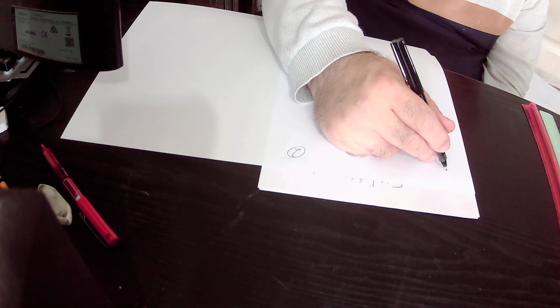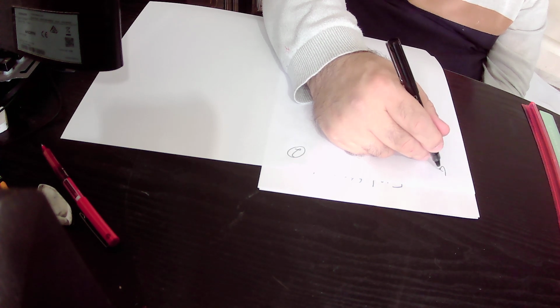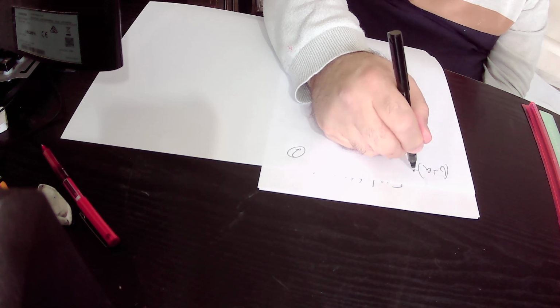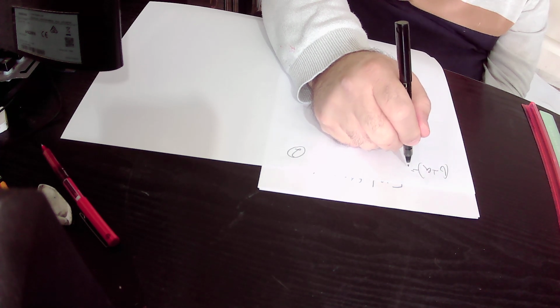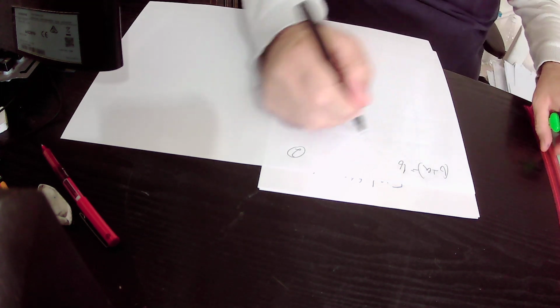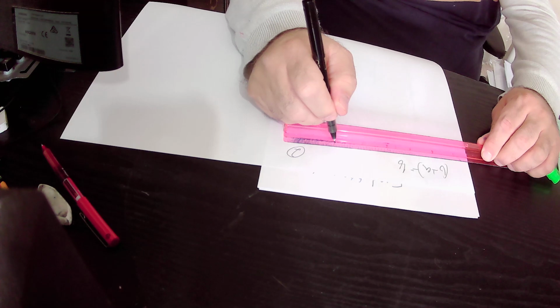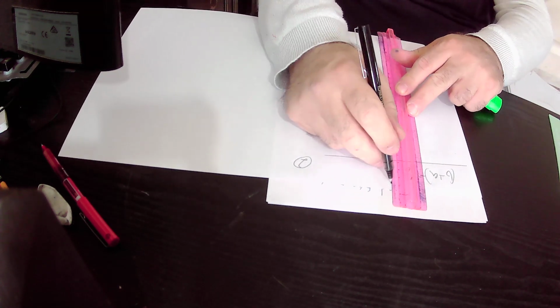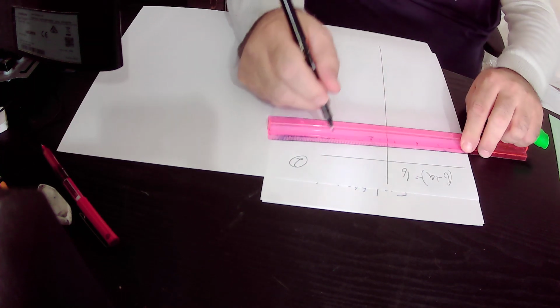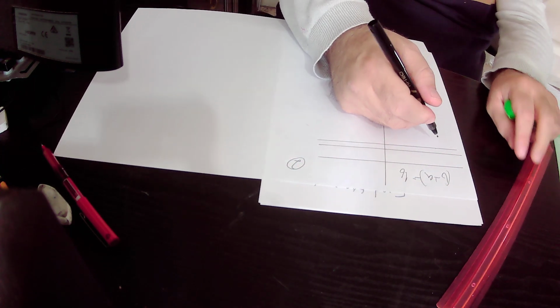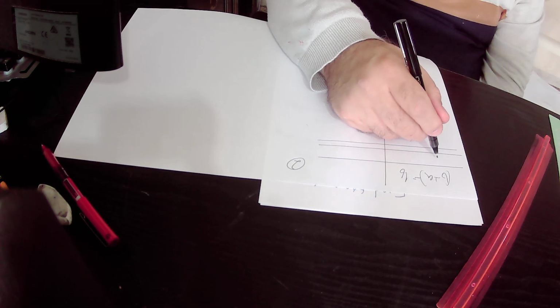So I'll write down the two solutions to the question. The first option is that b plus a equals 16 and b minus a equals 4.